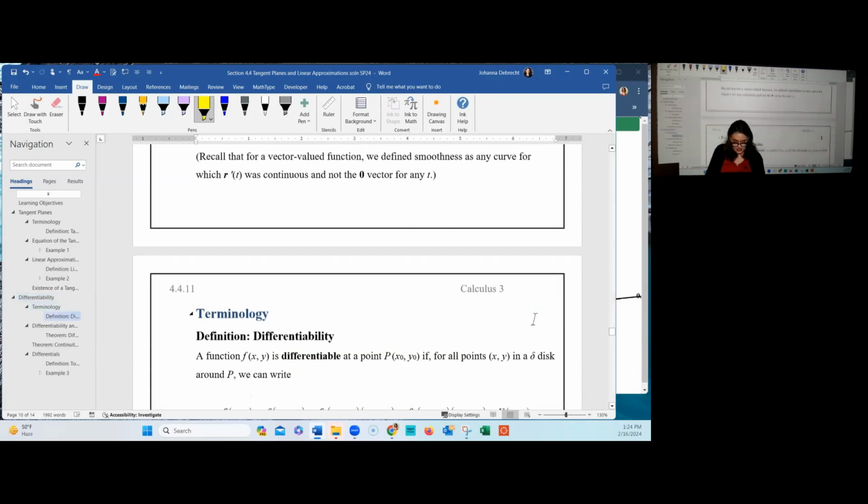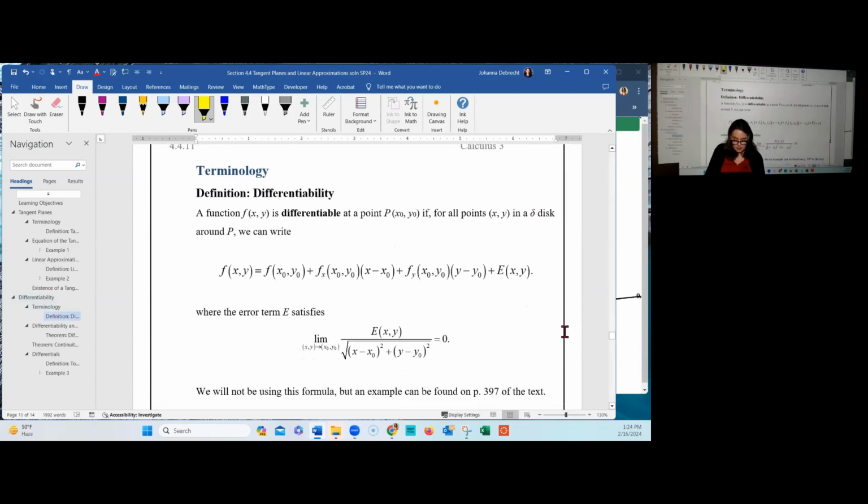Let's go ahead and continue discussing differentiability by making differentiability at a point more precise. A function is differentiable at a point if for all points in a delta disk around the point in the domain, we can write an equation for the tangent plane at the point plus some E of x, y, where E of x, y is in fact an error term.